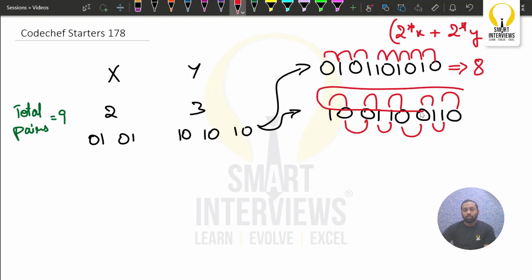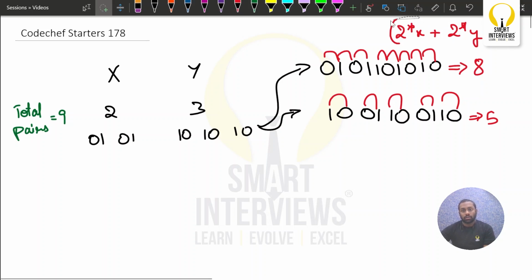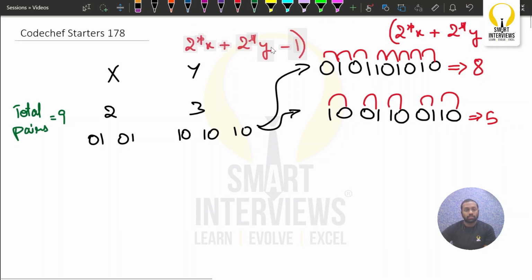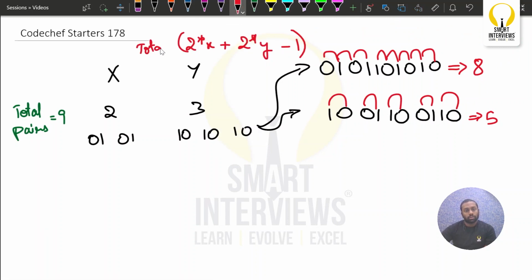So in total, what is the number of pairs? 5 valid pairs. So the f of s values are these, alongside the total pairs, and these are rearrangements you can assume.